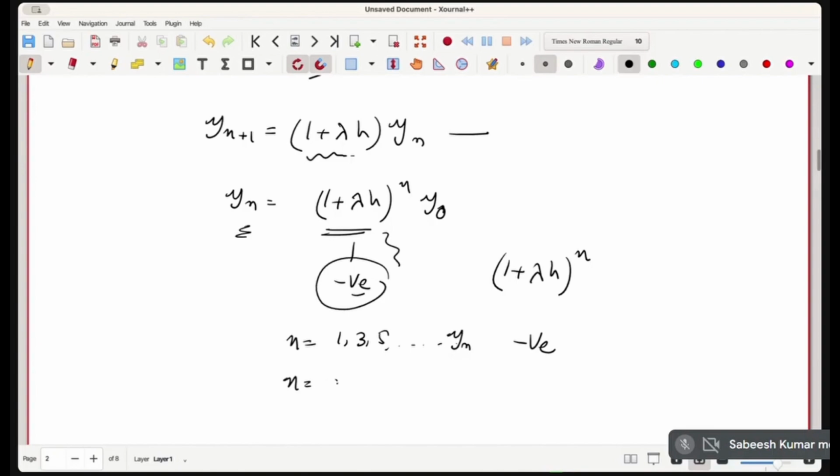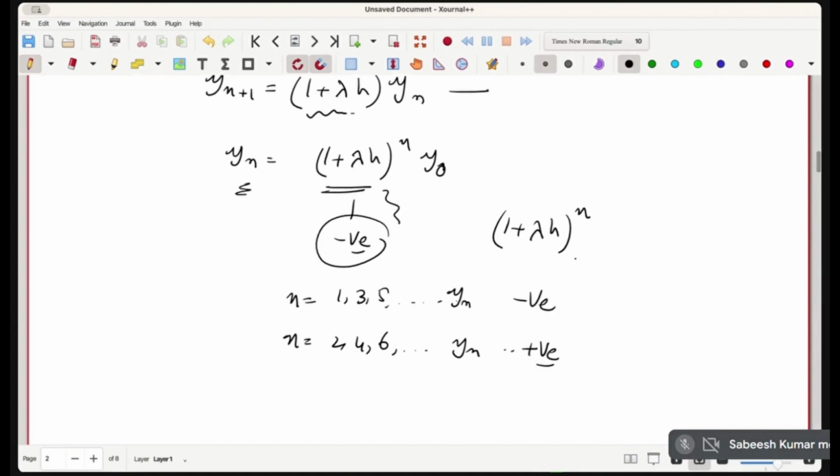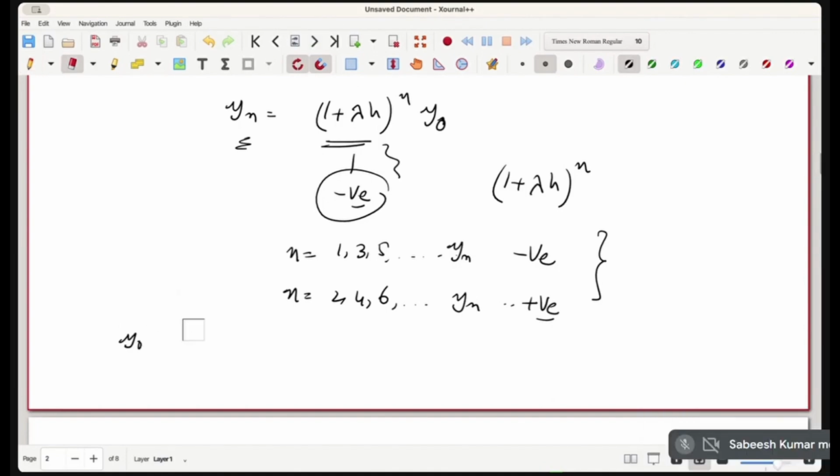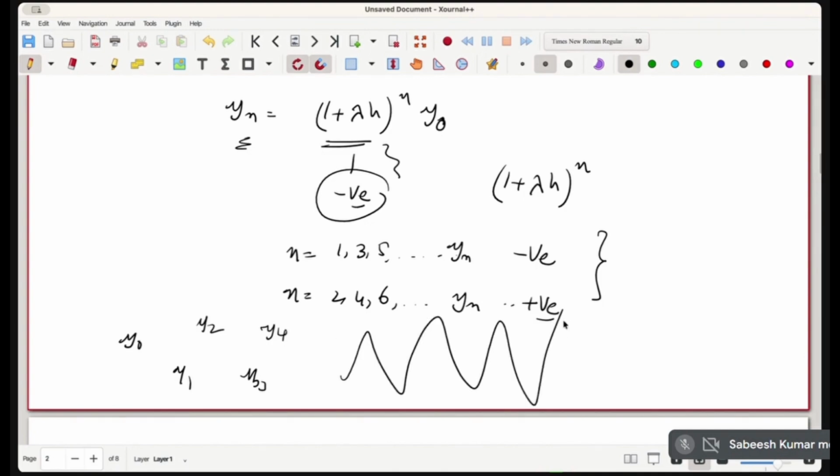When n equals 2, 4, 6, 8, and so on, y n will come out to be a positive value. So you are given y0, then y1 will be negative, y2 will be positive, y3 negative, y4 positive, and so on. It is going to flip from positive to negative after every step h.